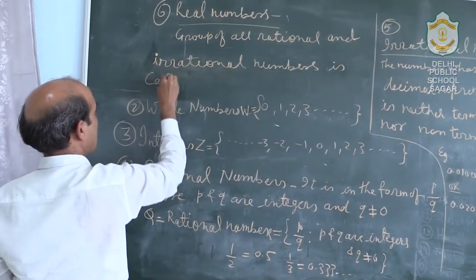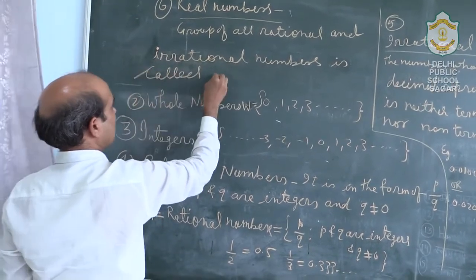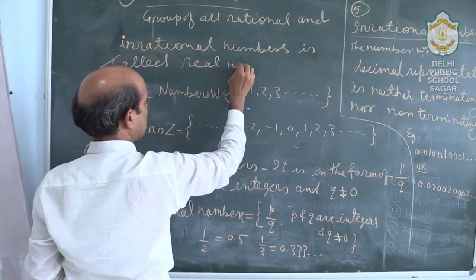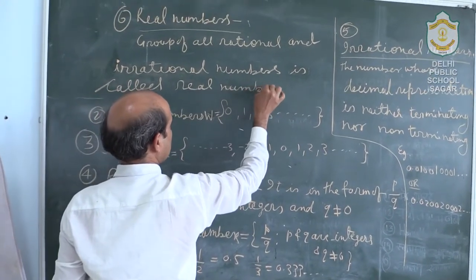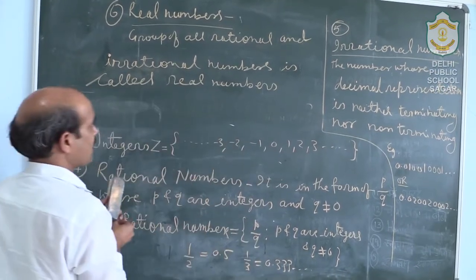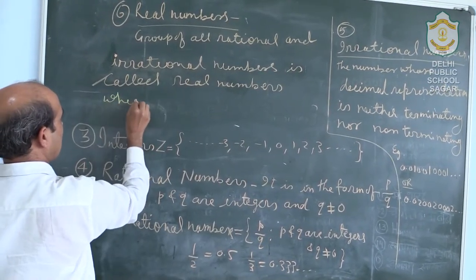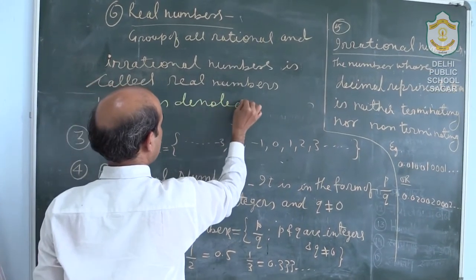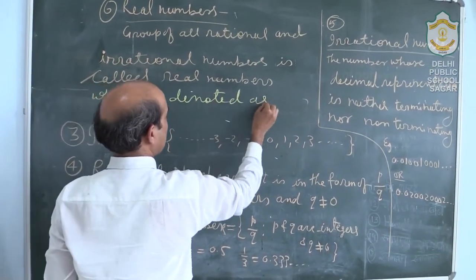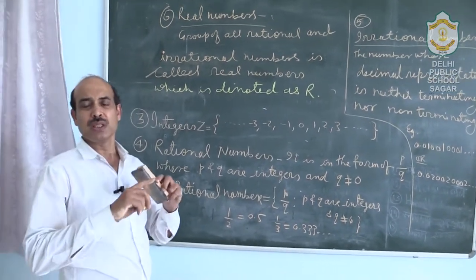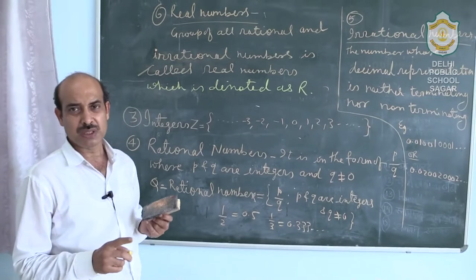It is called real number, and it is denoted as capital letter R. So this is the base of number system.